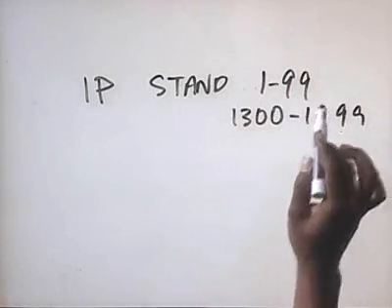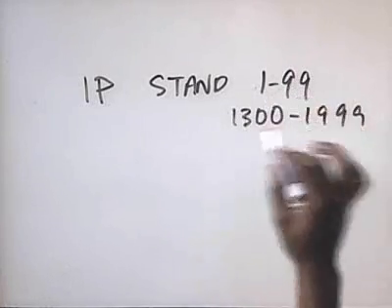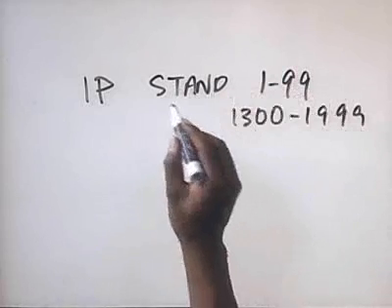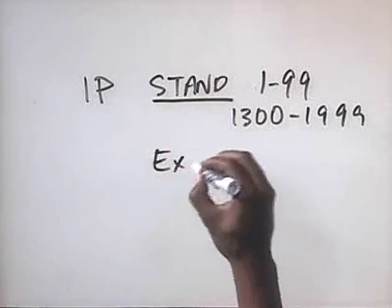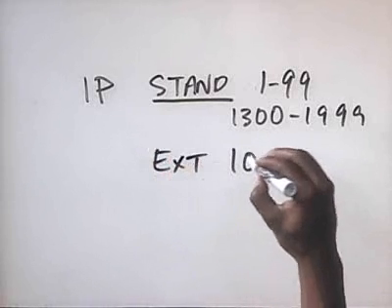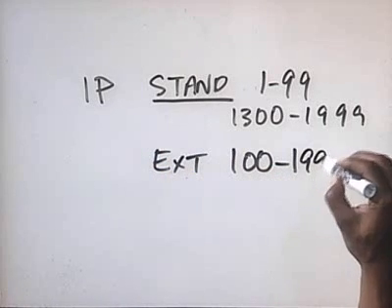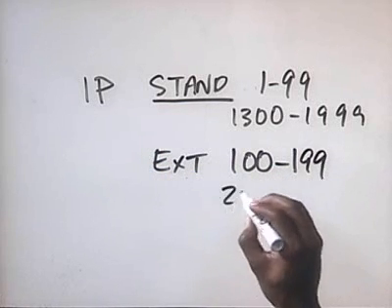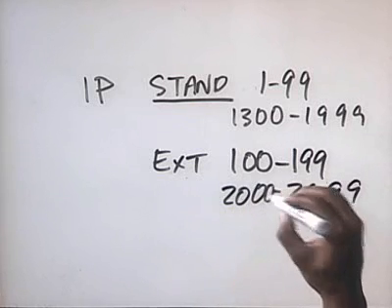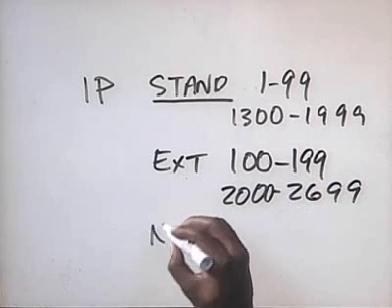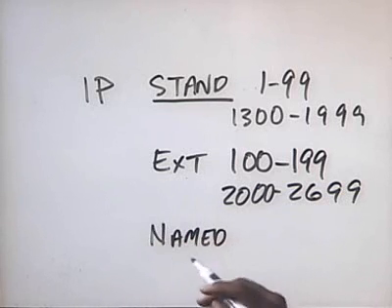These would be standard access list numbers. So when you're configuring and if you select one of the numbers from one of these ranges, the router knows that this is a standard IP access list. Extended would be number ranged 100 through 199 or 2000 through 2699. And then you could have a named access list, which we simply give it a name.